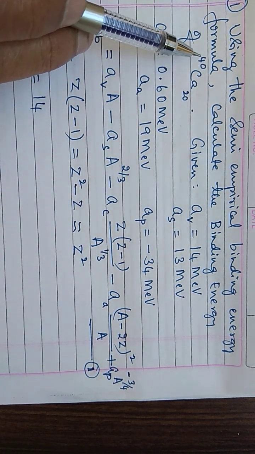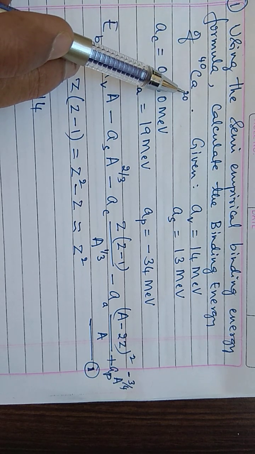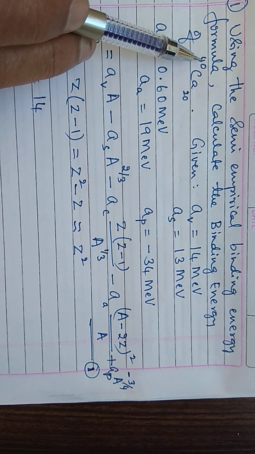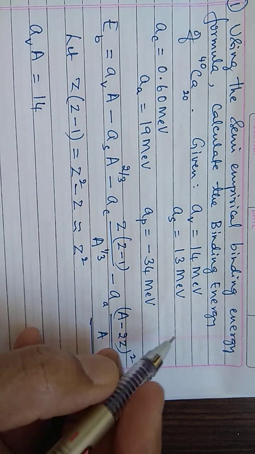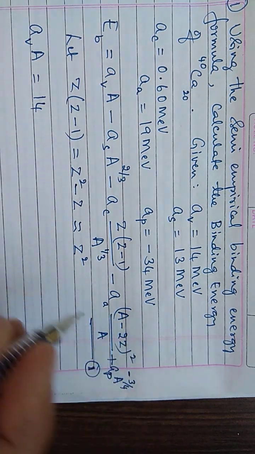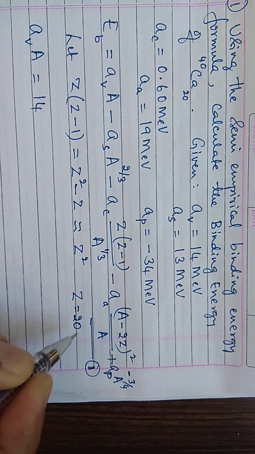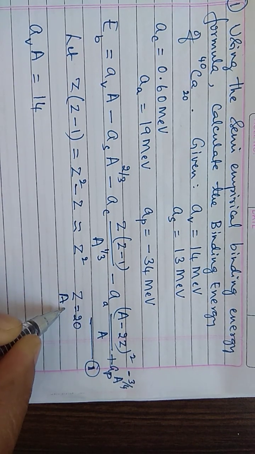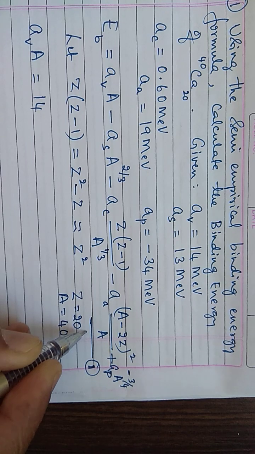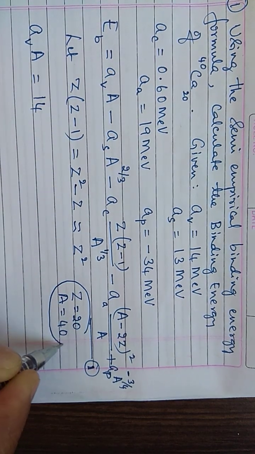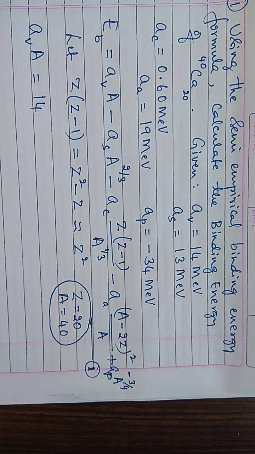Here Z is equal to 20, the atomic number, and A is equal to 40, the mass number.